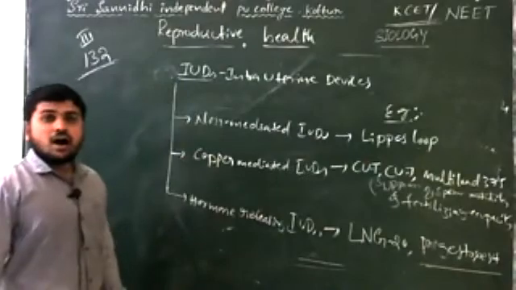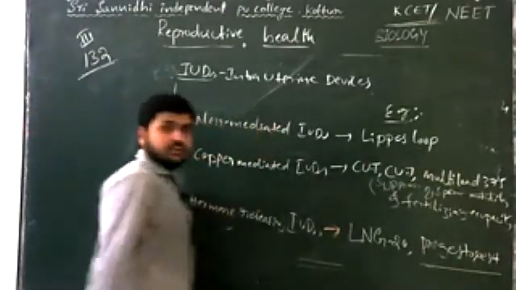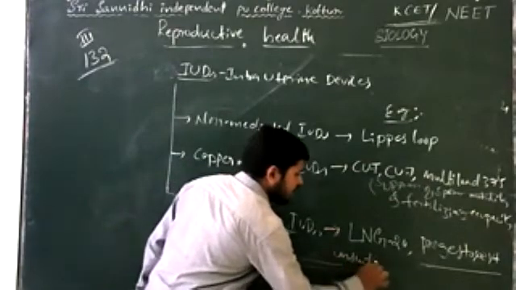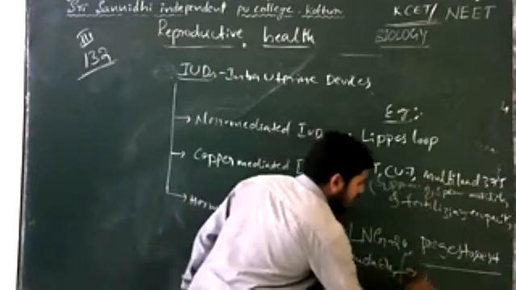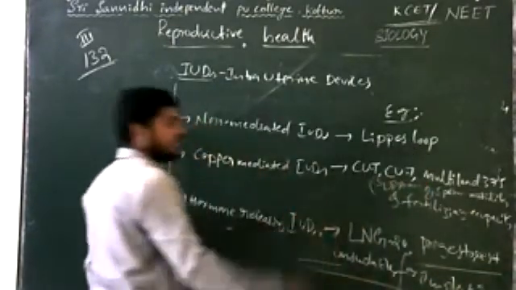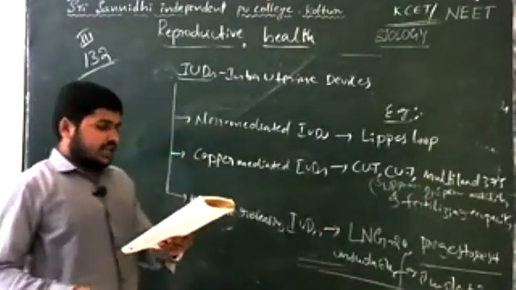These are hormone releasing intrauterine devices that can make the uterus unsuitable for implantation. Right? Hormone releasing intrauterine devices.